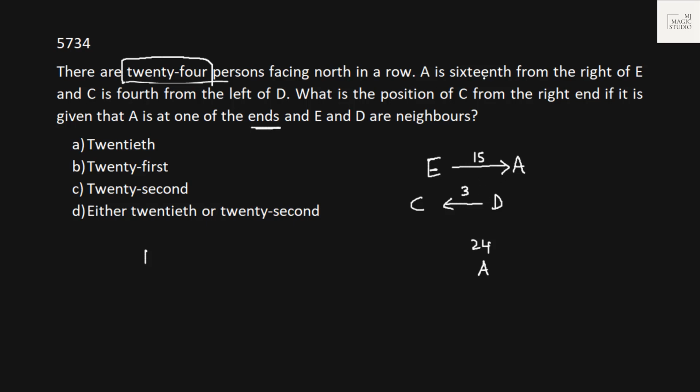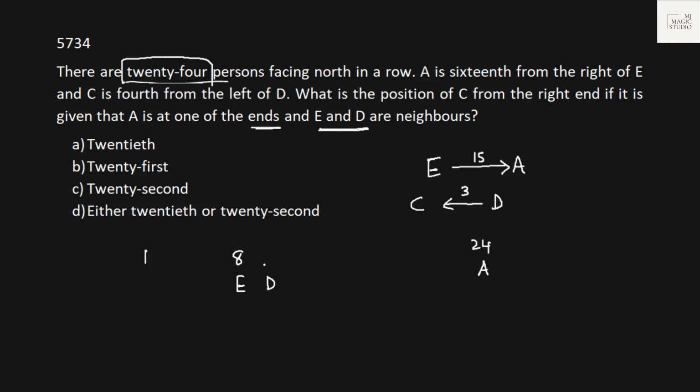Now 24 minus 16 is 8. So at the 8th position we have got E. 8 plus 16 is 24. And E and D are neighbors.